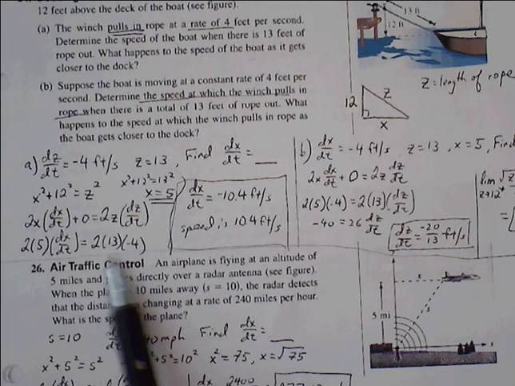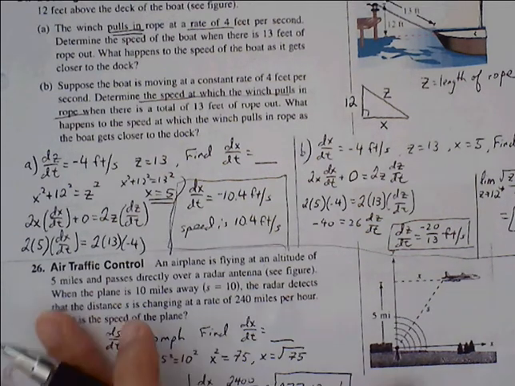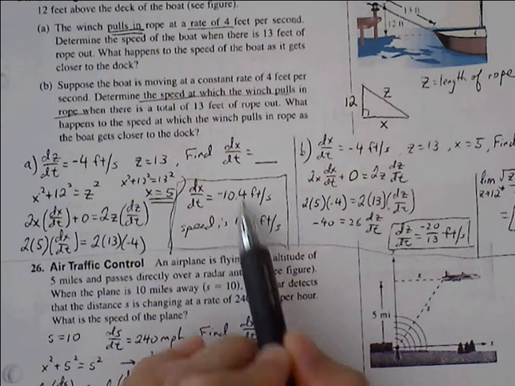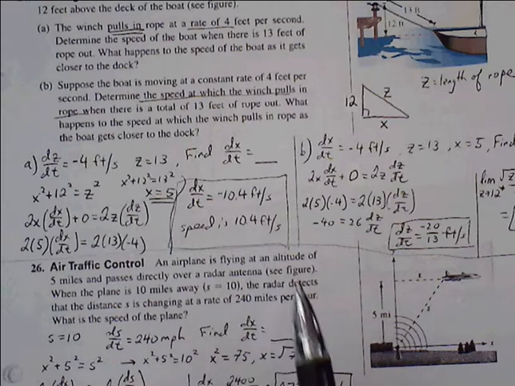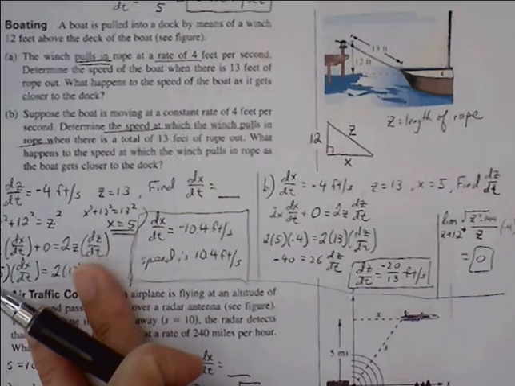Here we get negative 8 times 13 divided by 10, which comes out to be negative 10.4 feet per second. Speed is positive, so speed is 10.4 feet per second. Speed is the absolute value of the velocity, so that's why we make that adjustment to make it a positive speed.